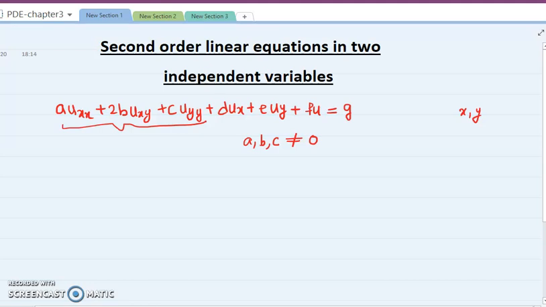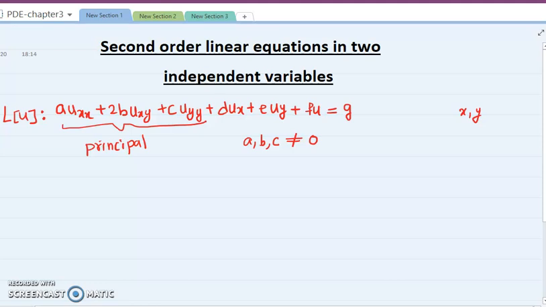Now we write it in the operator form. So this can be written as L of u, and the first part is called the principal part. This is the principal part of the PDE.